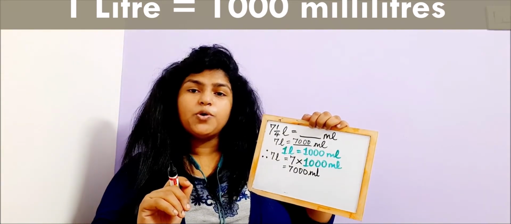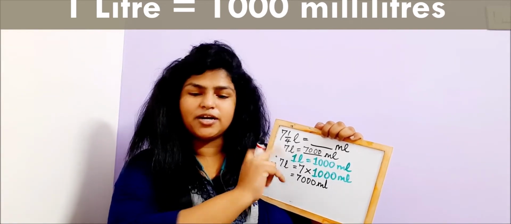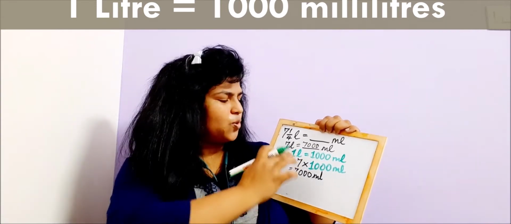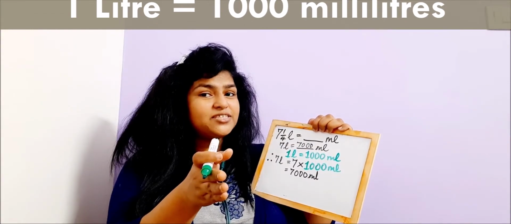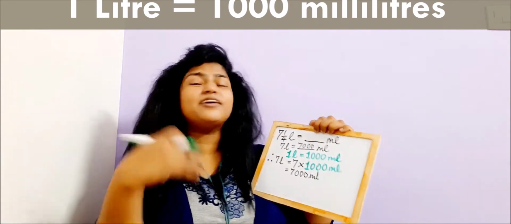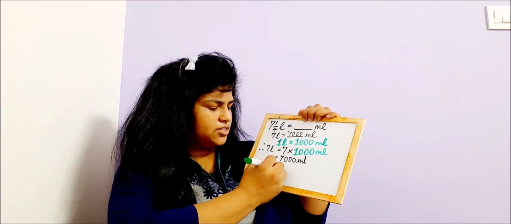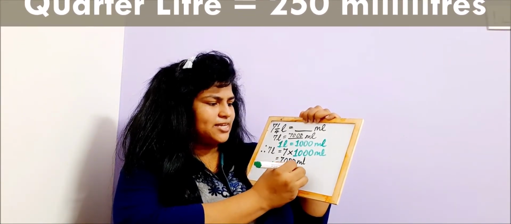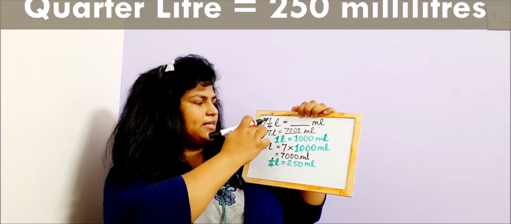Now we have to take the fraction. What is the fraction? Quarter. What is a quarter? A quarter is half of half. If 1 liter is equal to 1000 milliliters, half a liter will be 500 milliliters, and half of 500 is 250. So quarter liter is equal to 250 milliliters. Now let's take the entire number.